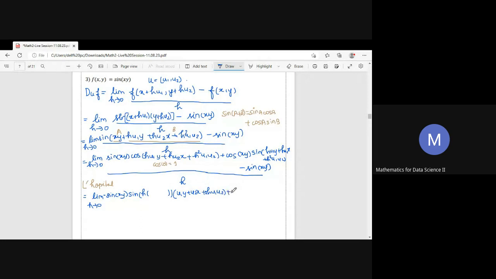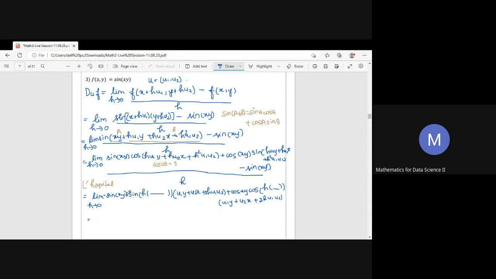And then here cos xy, and the differentiation of sin is cos of h times of some function, times the derivative of that function, u1 y + u2 x + 2h u1 u2. The derivative of the constant sin xy is 0 because there is no h term involved, and the denominator: the derivative of h with respect to h becomes 1.